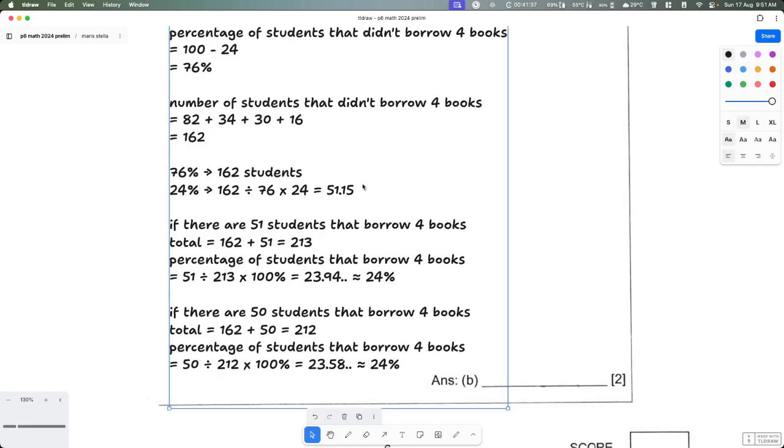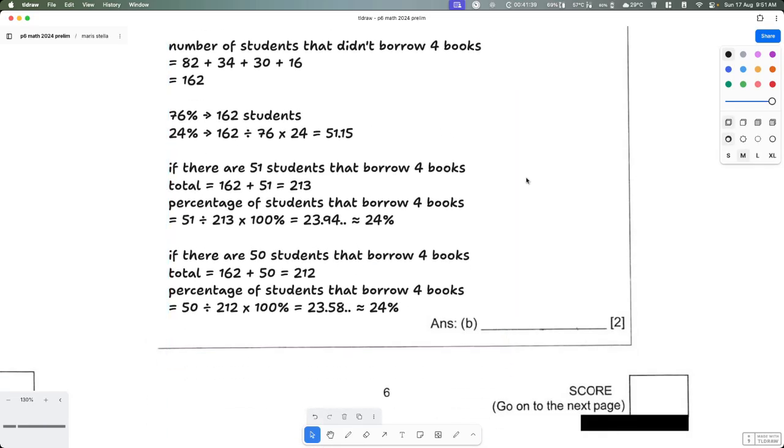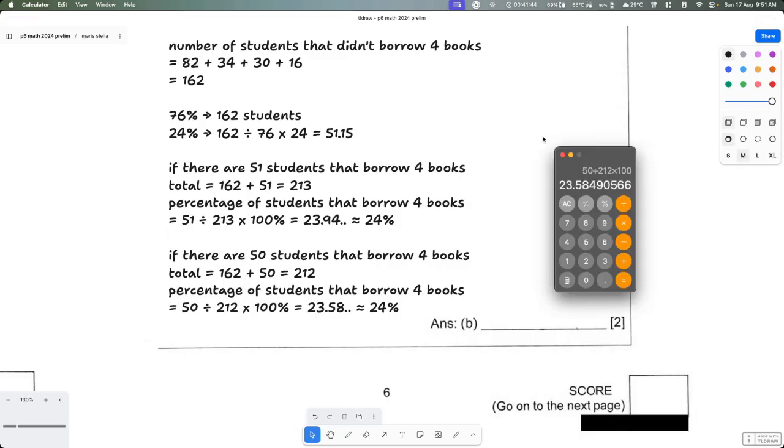You can try 49, but I believe 49 cannot work. 49 will give a total of 211, and 49 divided by 211 times 100 is 23.22, so it cannot.